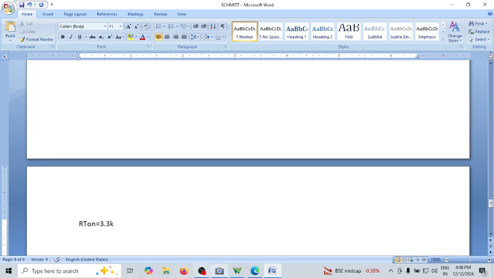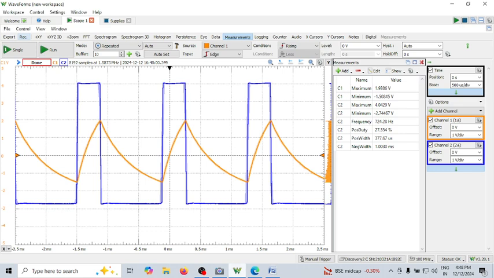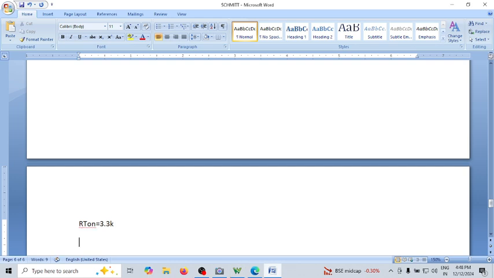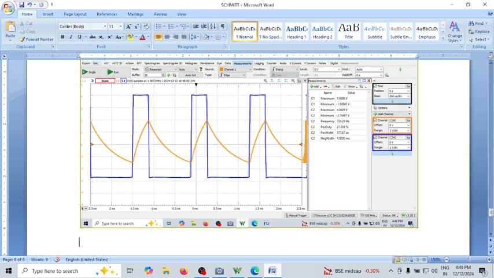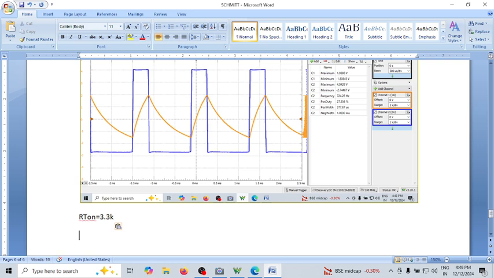Let me just take the screenshot of this, print screen, and go back here and then paste it here. And let me take again. Let me just copy this. Okay, now this is for what value now?